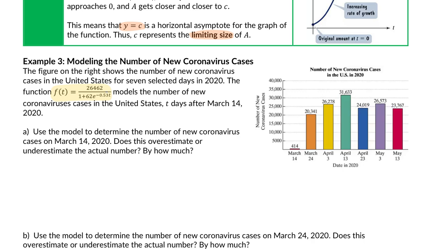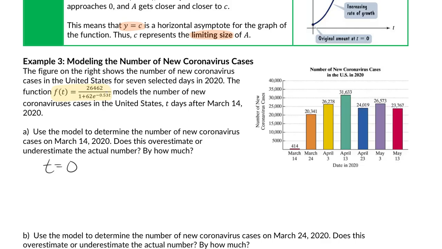Okay, if t is measured as the number of days after March 14th, 2020, how many days after March 14th is March 14th? Oh, it's the same year. So how many days after March 14th is March 14th? 0 days after. That means we're finding the initial value here. We're finding the value on March 14th.